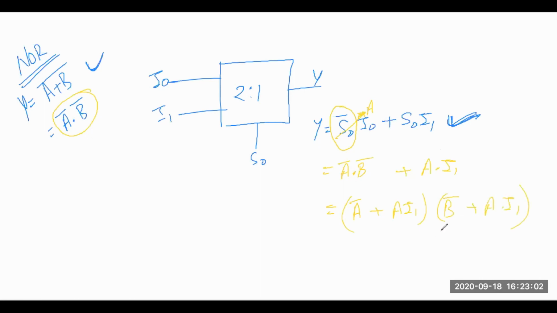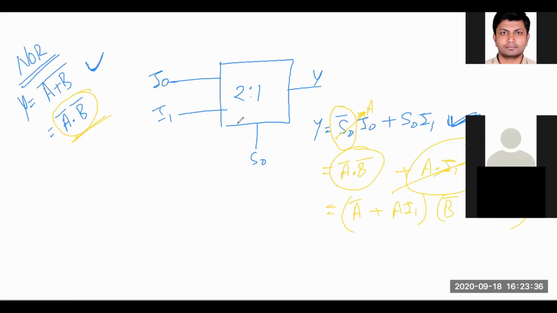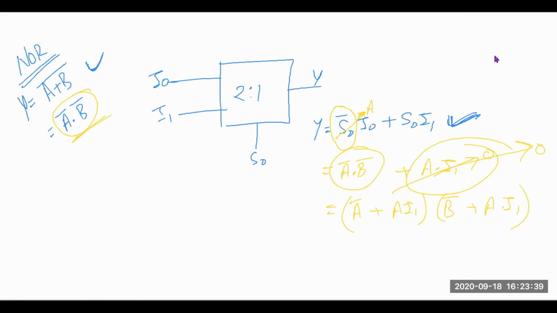Either you solve it and realize what should be I1 so that the final thing is this, or you can say directly that if you put this as 0, the whole thing will be 0, and you will get this one. There is no other way without taking the complement of some variable for I0 or I1. For A bar dot B bar you need to take the bar of any one variable.